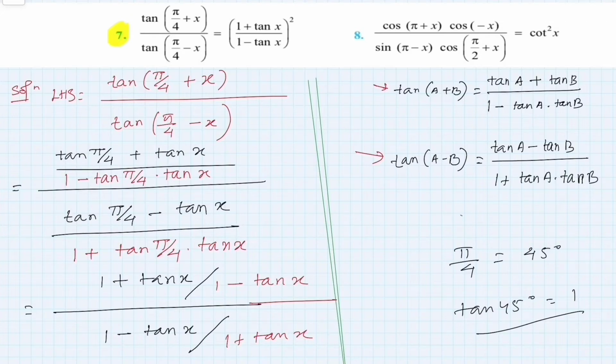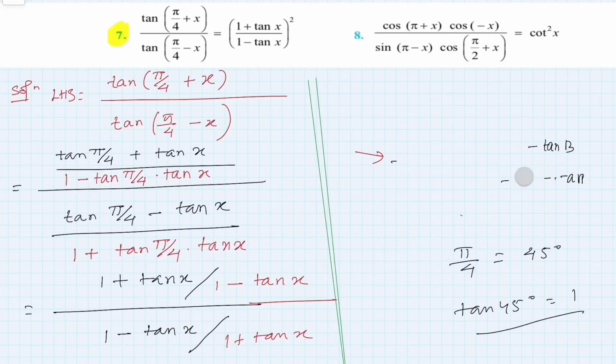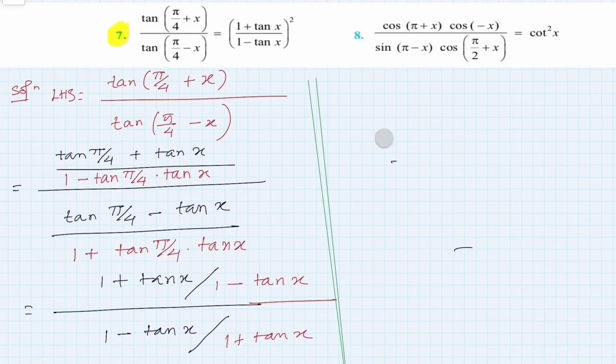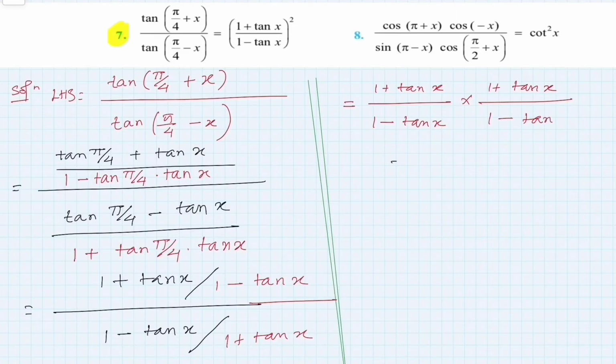So now this is equal to (1 + tan x)/(1 - tan x) into (1 + tan x)/(1 - tan x).